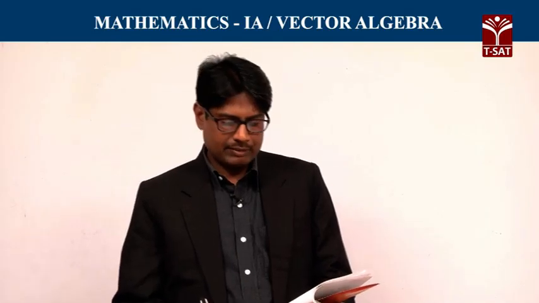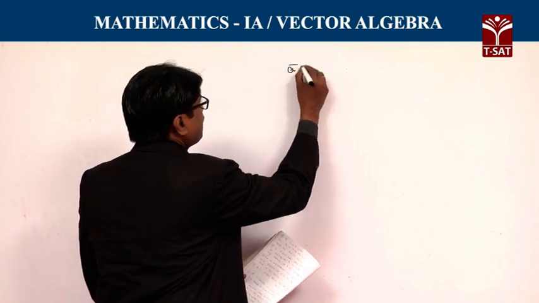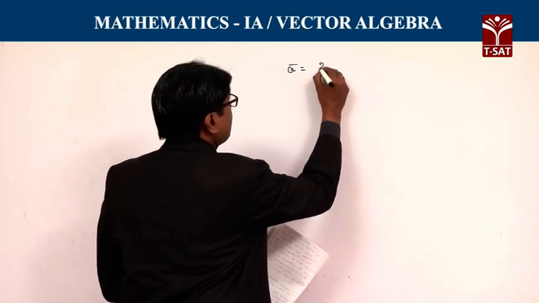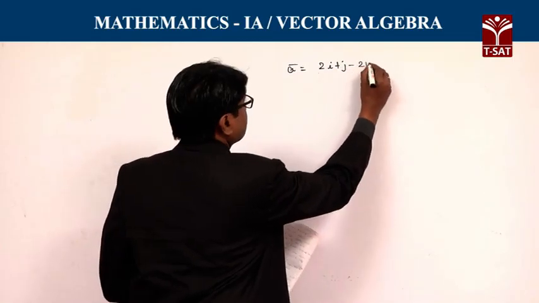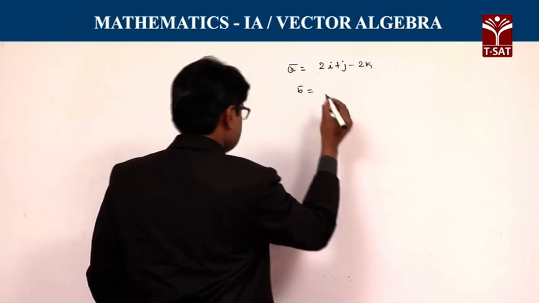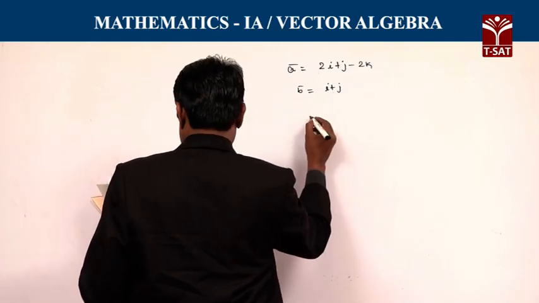Okay, now the given information: the vector a bar is equal to 2 times of i bar plus j bar minus 2k bar. Another vector b bar is equal to i bar plus j bar.